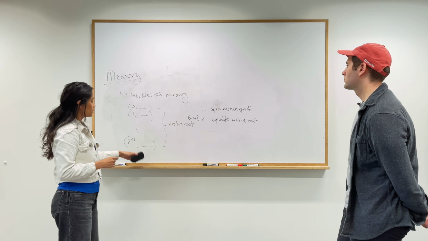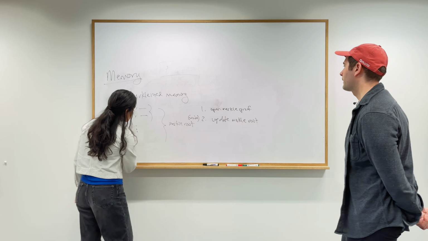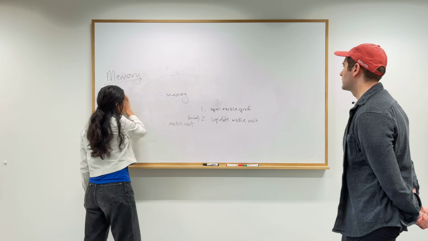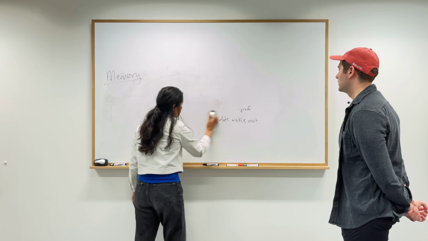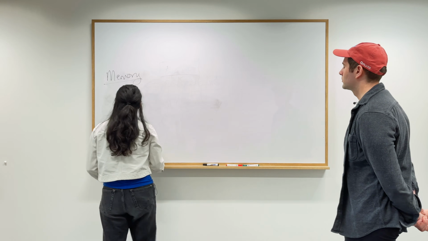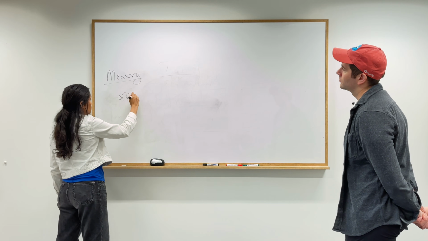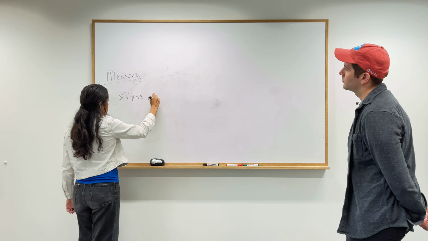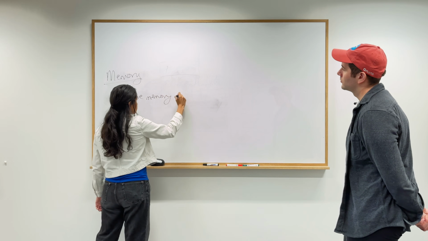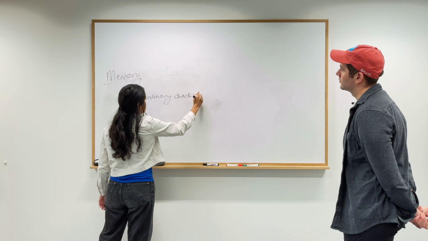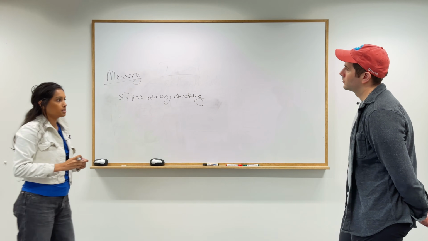And so this was an older technique, but the technique that we use is a newer technique. It's known as offline memory checking. And it makes use of our lookup argument.